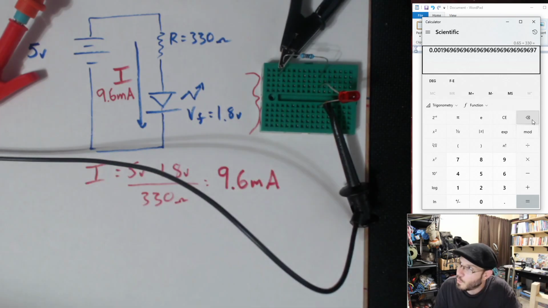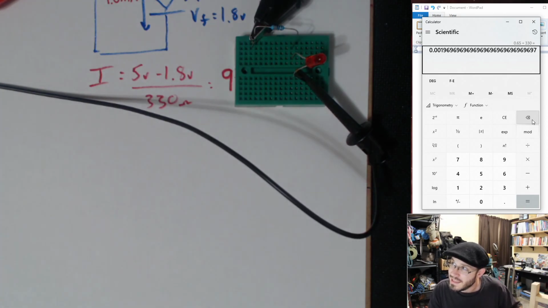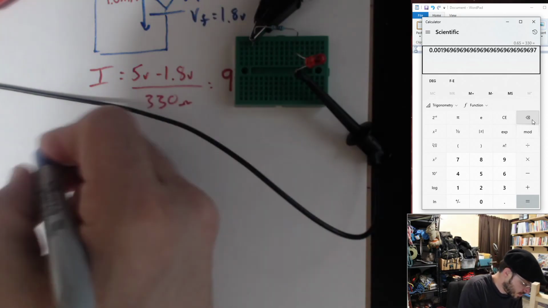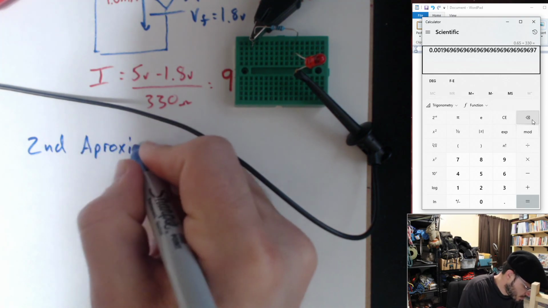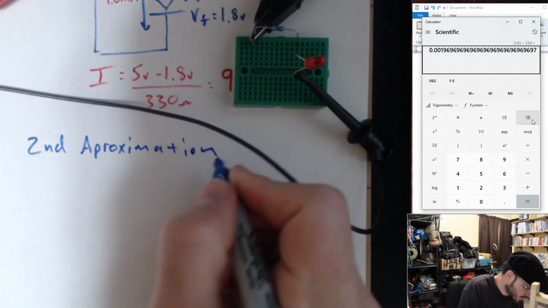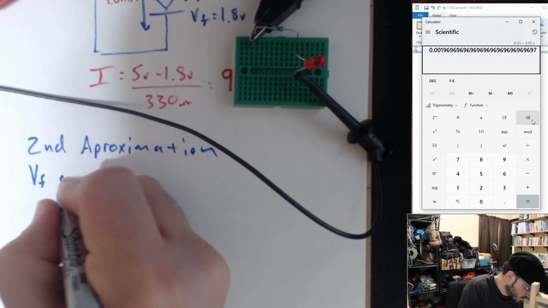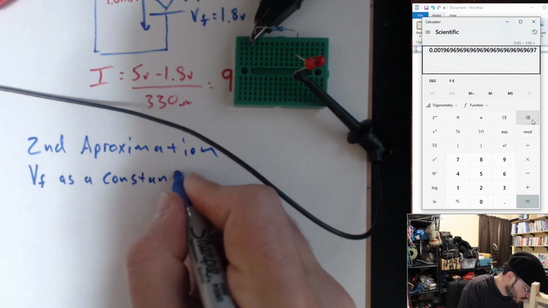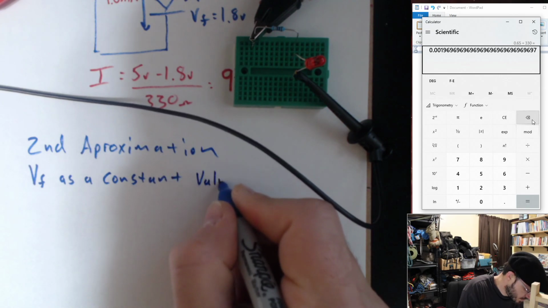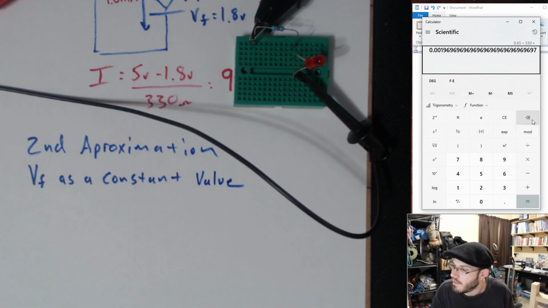For this reason, when we take the forward voltage to be a constant value, we refer to this as the second approximation. In our case, we took it to be a hard set value of 1.8 volts.